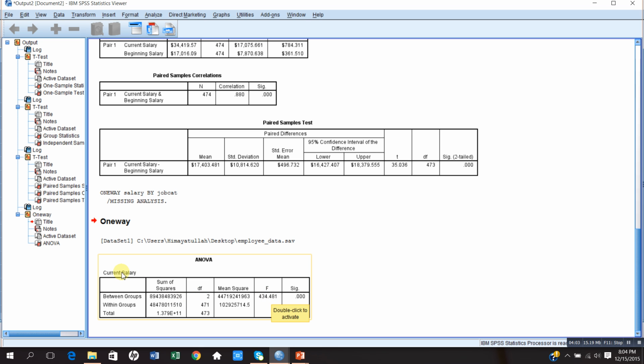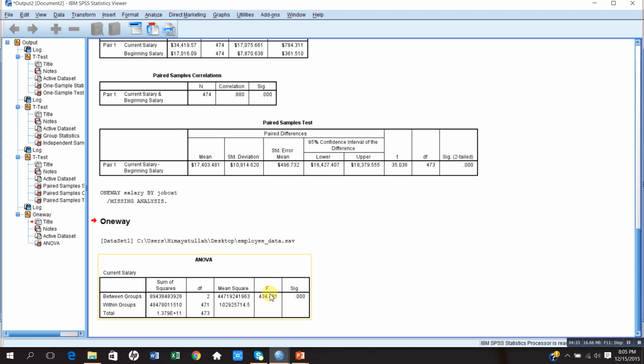This is the variable of analysis, and here you see row 1 shows between groups, that is the difference between various groups, clerical, custodial, and managerial. Within groups is within clerks, within custodial staff, within managers, and this is total variation. I am interested in whether there is any difference between the current average salary of clerical, custodial and managerial.